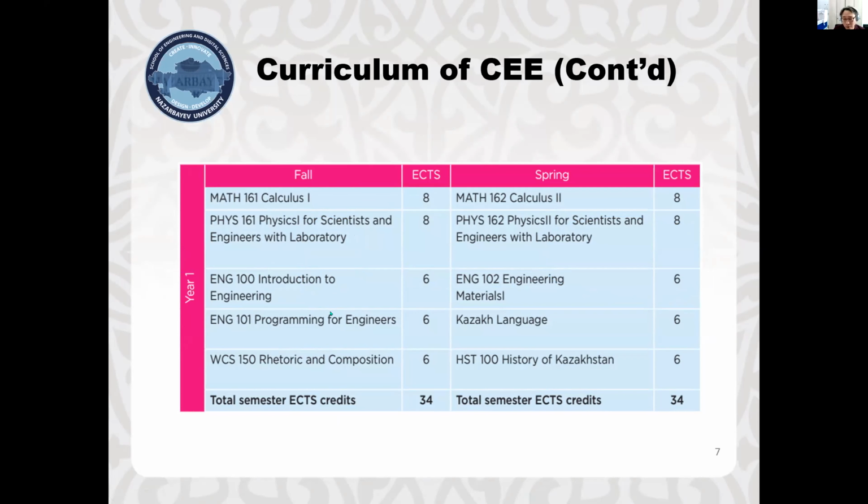Also, of course, as Kazakhstani students, you have to learn the history of Kazakhstan and the Kazakh language. But mostly during year one, you learn basic courses to prepare for the advanced courses, the basic engineering courses.